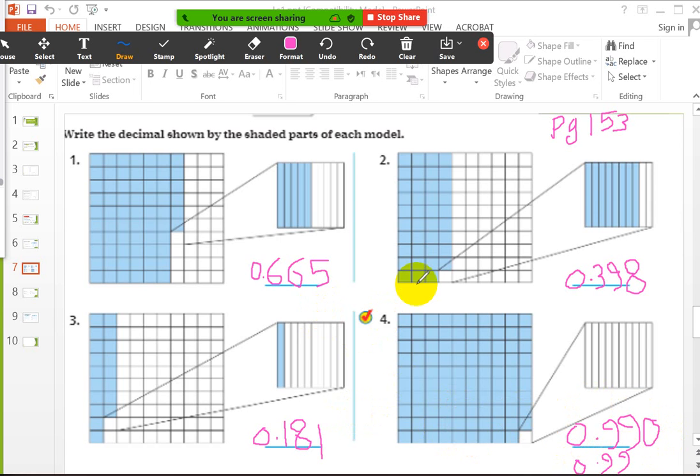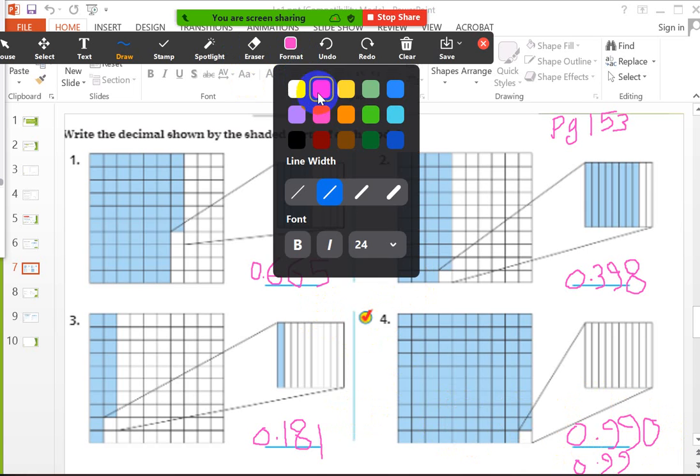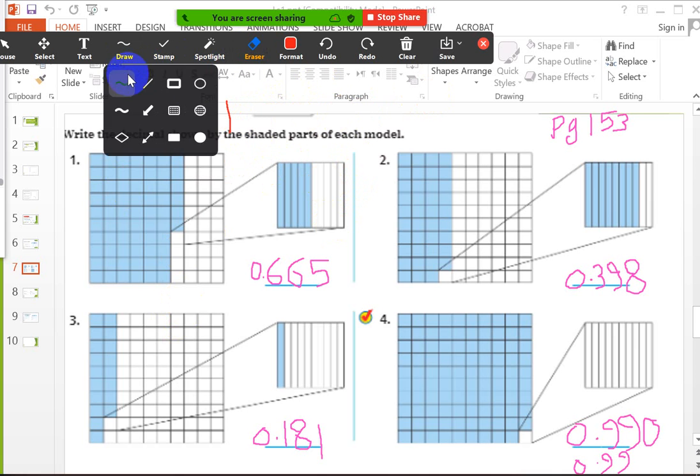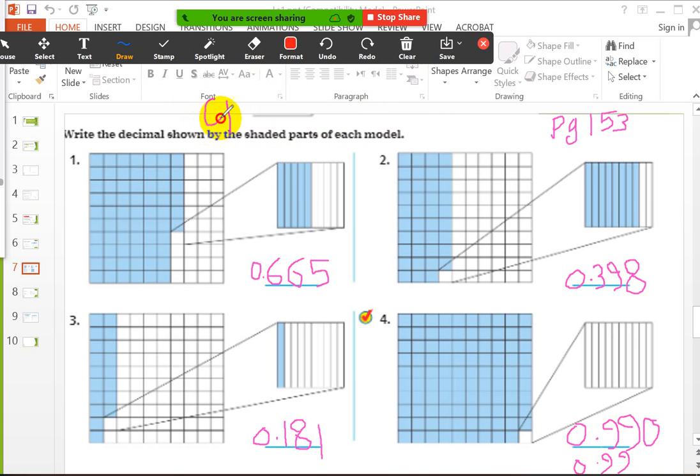Okay, look, girls, I will write something here at the top. If I write the number 1, and if I put 0 before the 1, it will not change the value of the 1.